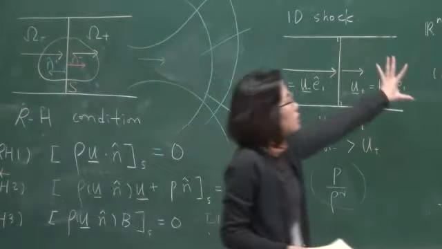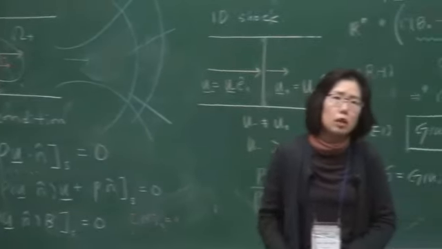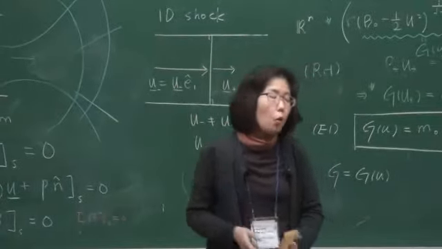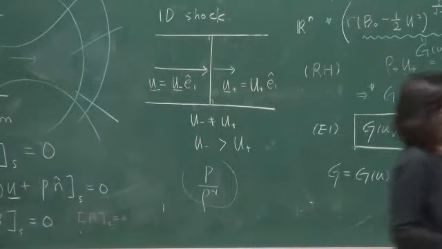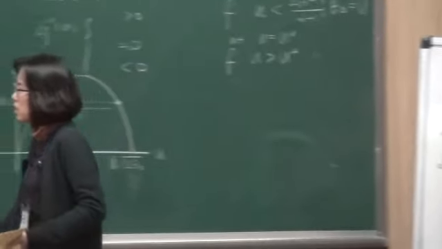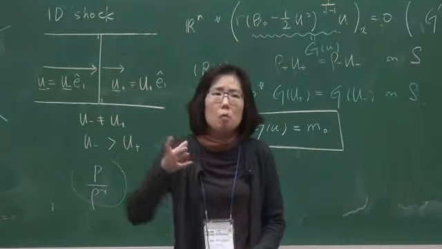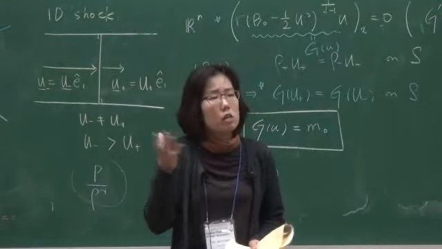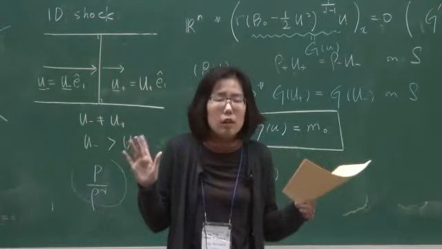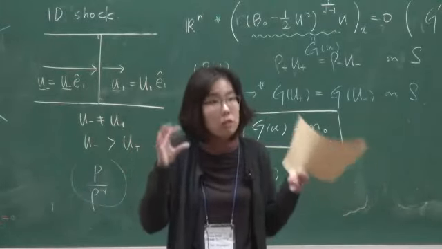Also, 1D is easy, but if you go to 2-dimensional or 3-dimensional, the problem gets more complicated. Here I only assume 1D flow, but if we go to multi-D flow, there are many factors to be considered. You have to worry about the vorticity, but in the multi-dimensional case, we still cannot consider the shock solution with the vorticity in the 3D case.